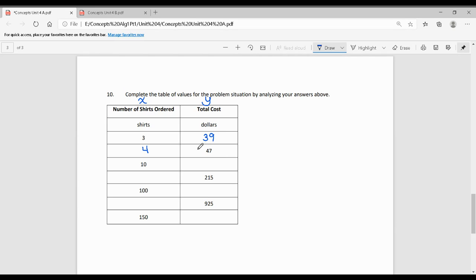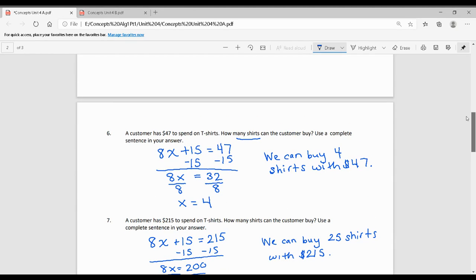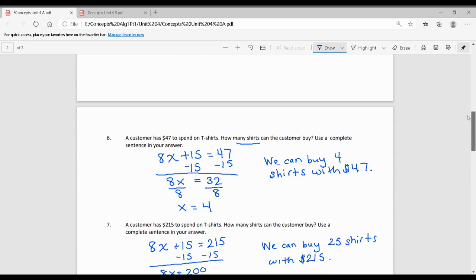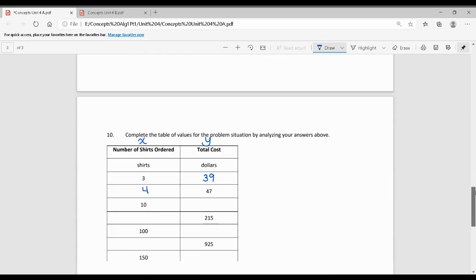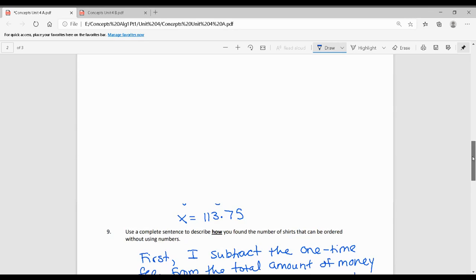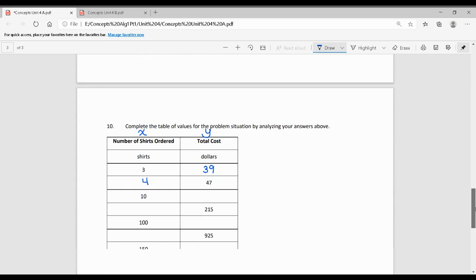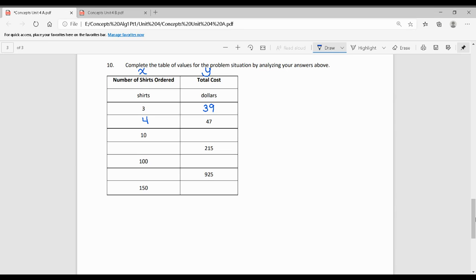Okay, right? 47. I'm just going to scroll. 47 was right here from question 6. We found $47. We found 4 shirts. Then we had the 10 shirts. 10 shirts came from the first page. Number 3, for 10 shirts, it was $95. So I'm going to put a 95 next to the 10.